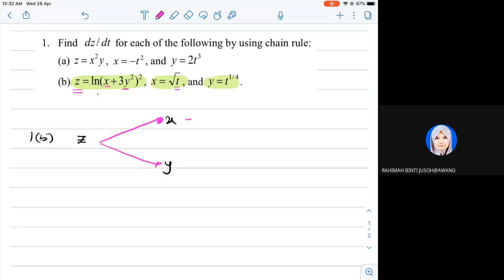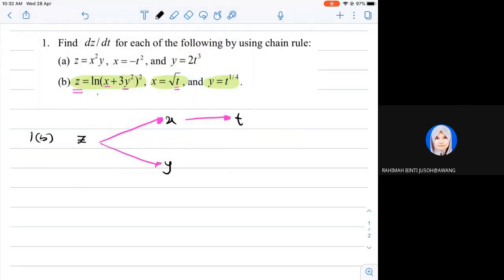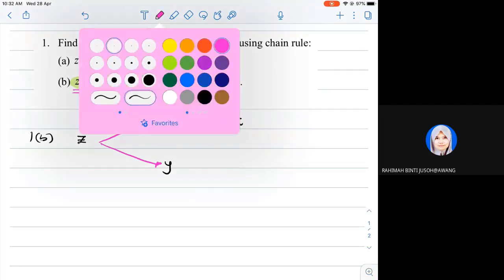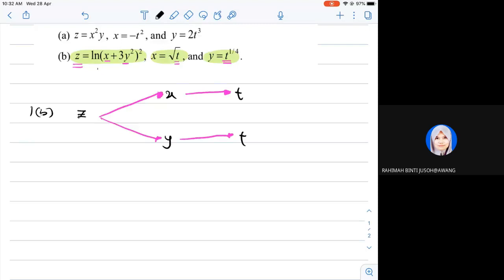So it will be related like this. X consists of variable t, and then y also consists of variable t. Okay, now the process is like this. When z goes to x and then z goes to y, we have two branches.